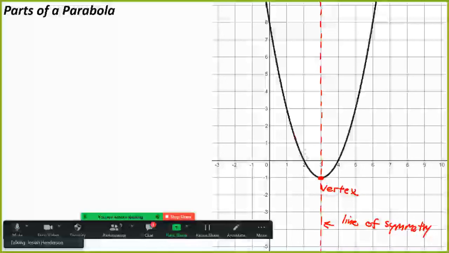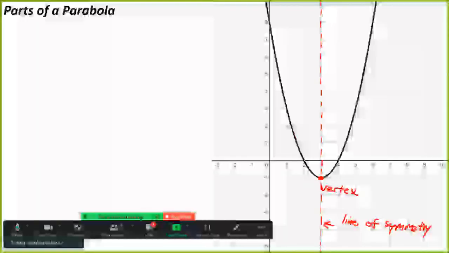And then two other important spots we used were (2, 0) and (4, 0). Now these are important spots. These are the x-intercepts.